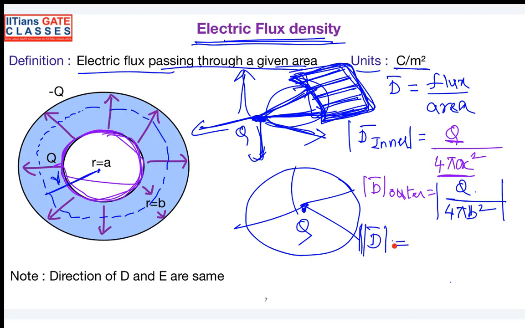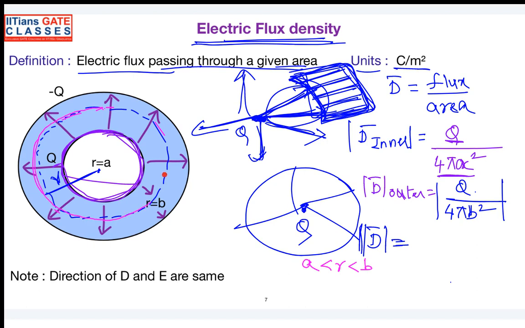You can see here clearly, when you consider an imaginary surface, how much flux is it capturing? Is it a closed surface or an open surface, whatever imaginary surface I have considered? Closed. So since it is closed, how much flux will it capture? The charge enclosed in it. How much charge is there inside that closed surface?